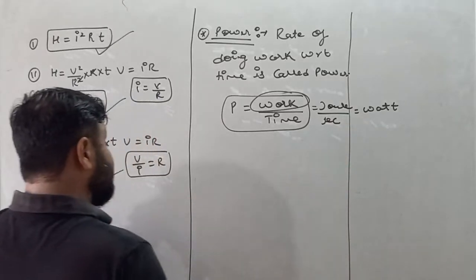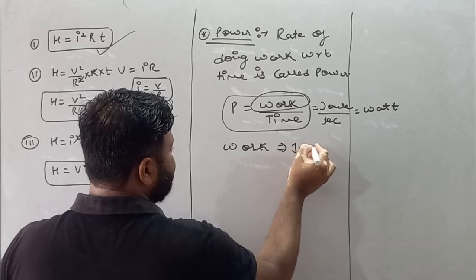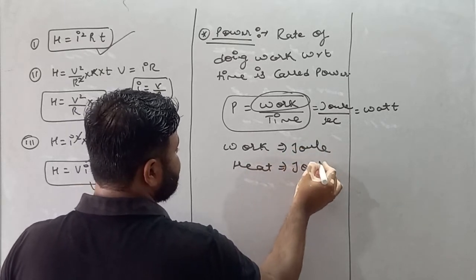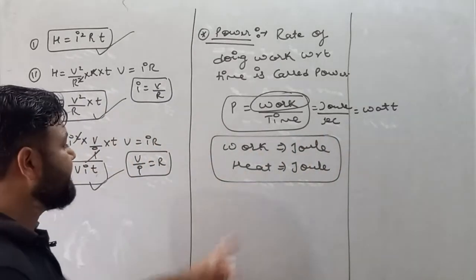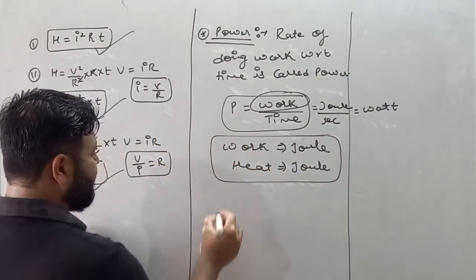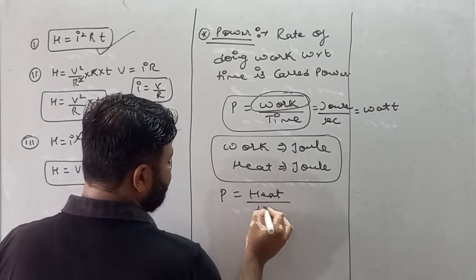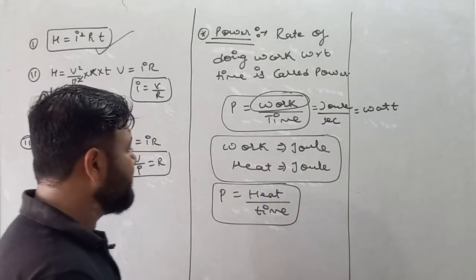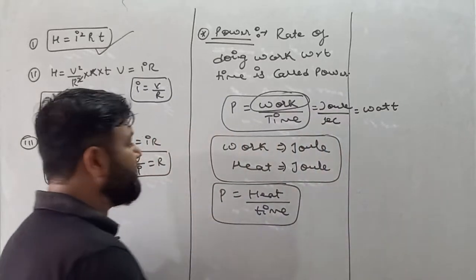Now see, the SI unit of work is joule, and the SI unit of heat is also joule. So instead of work we can use heat as well, because the SI unit of heat and work is the same, and if the SI unit of two quantities is the same, then we can replace the quantities.